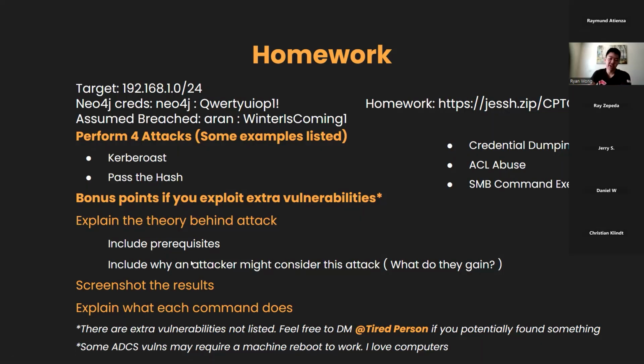So it would just be things like that. And include why the attacker might consider this attack. So what did they gain? For DC syncing, they gain full domain control because they have the NTLM hashes for all users on the domain. For Kerberoasting, you get passwords because you crack the password offline.